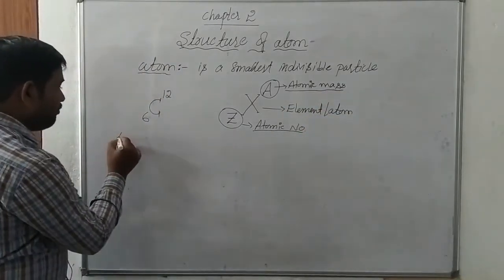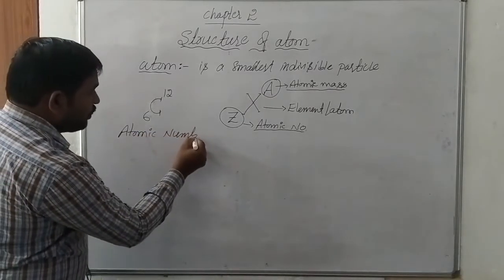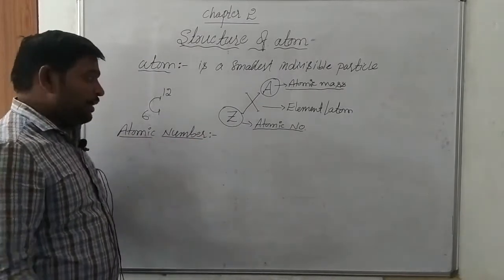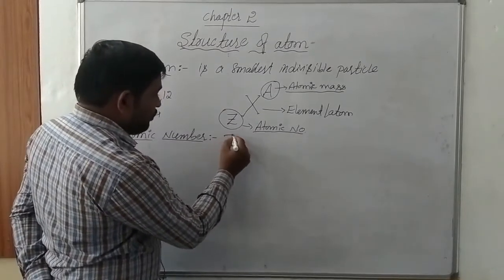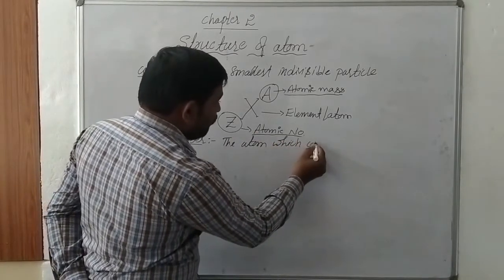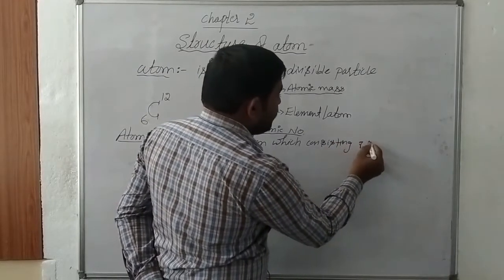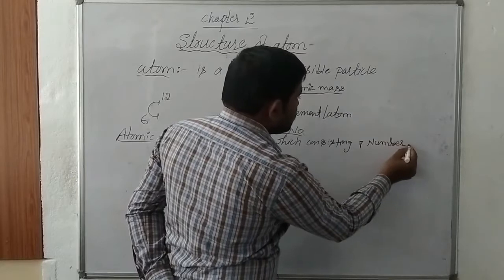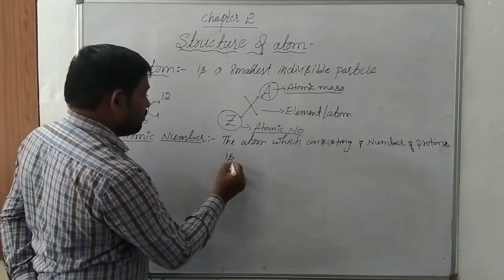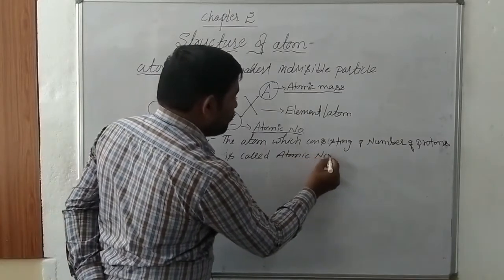What do you mean by atomic number? Let us define atomic number. Atomic number is defined as the number of protons in an atom.